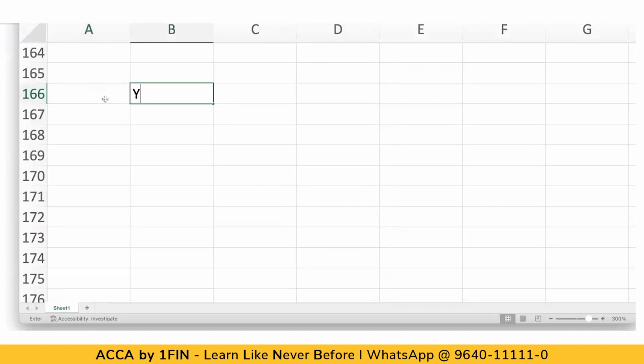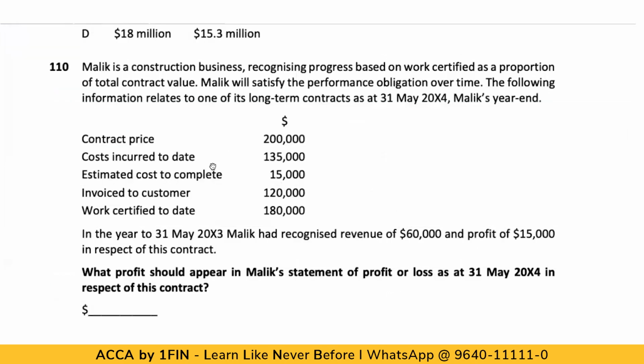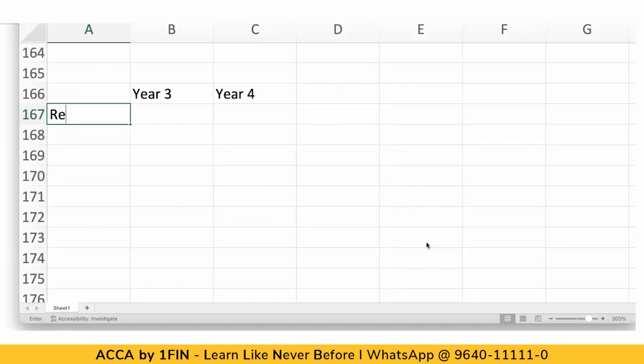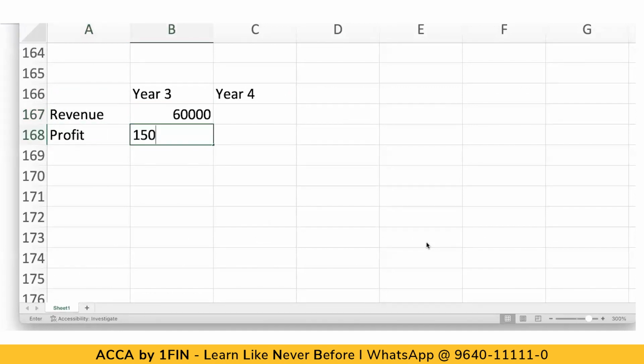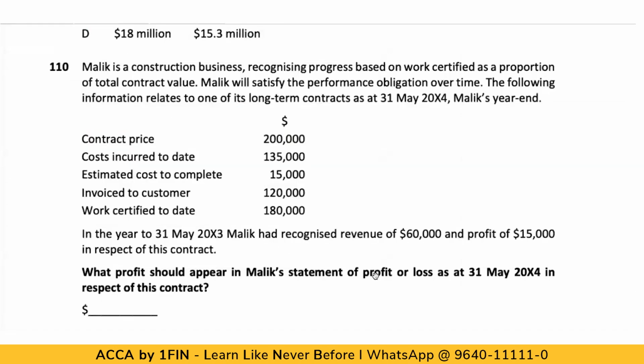So, year 3, year 4. Year 3, they have said they have recognized a revenue of 60,000 and profit of 15,000, which means cost is 50,000. In year 4, work certified till date is 180.